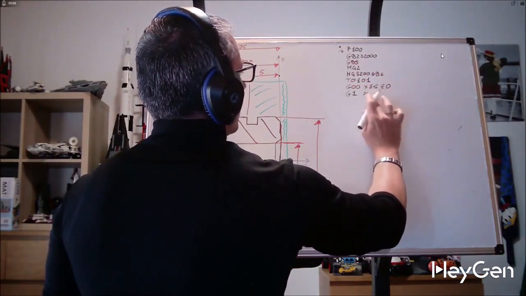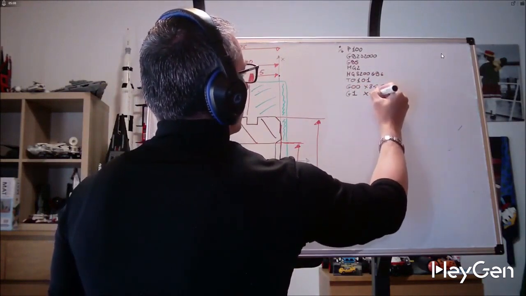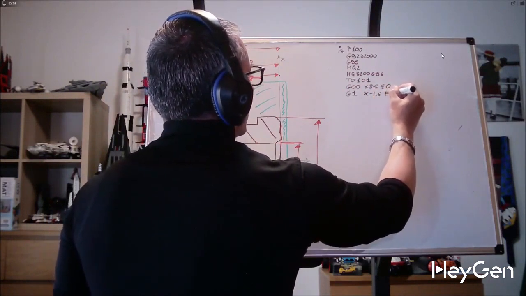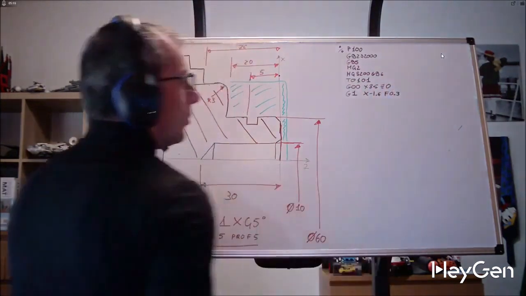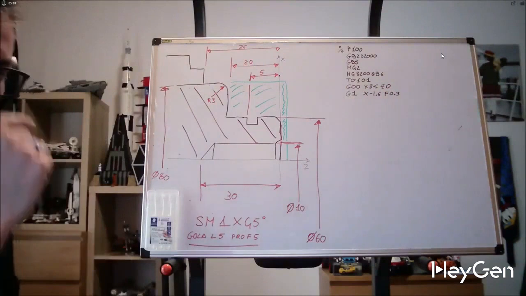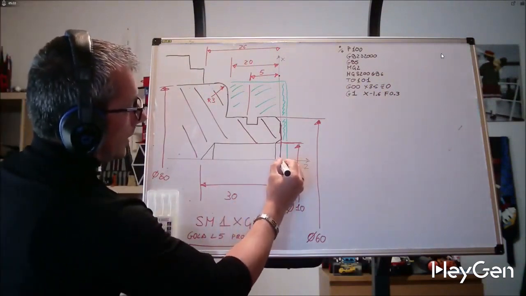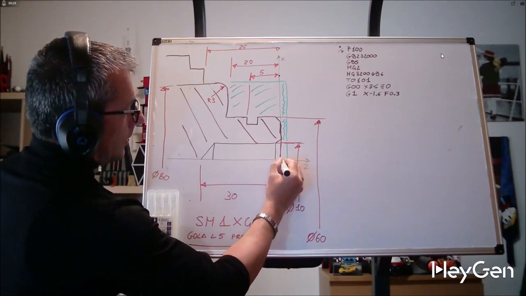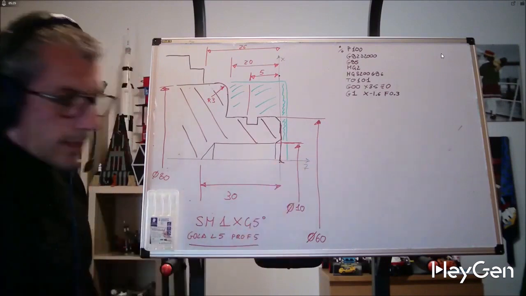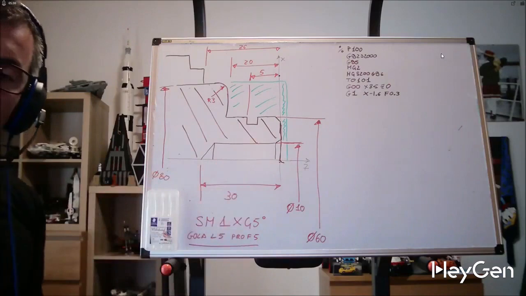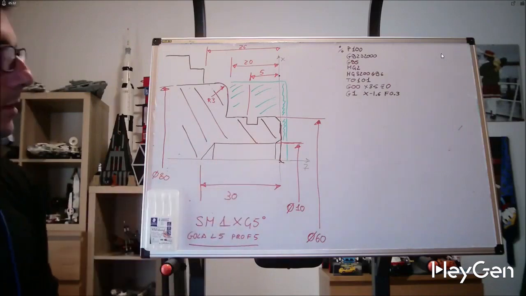G1, X0, actually, let's say I have a tool radius of 0.8, so minus 1.6, F0.3. All right. This is definitely to get to this point, to correct the tool radius. Do not leave a small bevel at the tip. We have faced our piece.